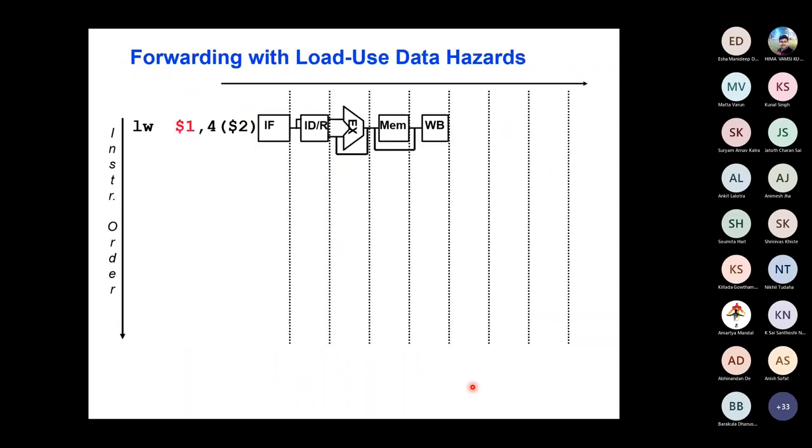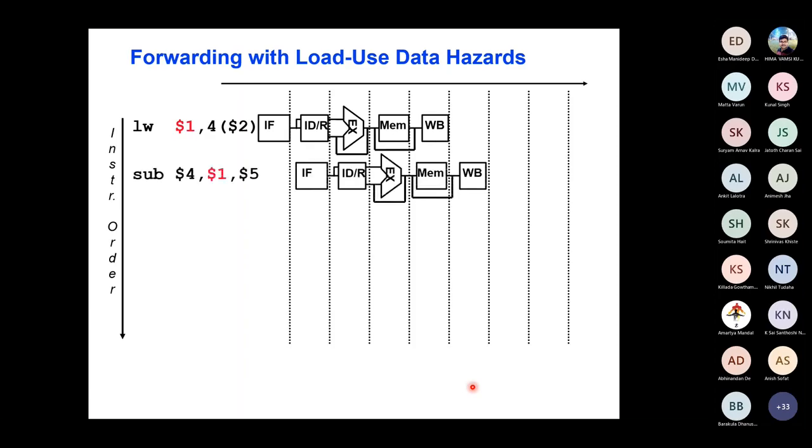Okay, so let us now extend this idea a little bit. Previously, we had a subtraction instruction and two add type instructions, one after another. Subtract instruction following an add. So now the first instruction is load, second instruction is subtract. I have replaced the add instruction by the load instruction.